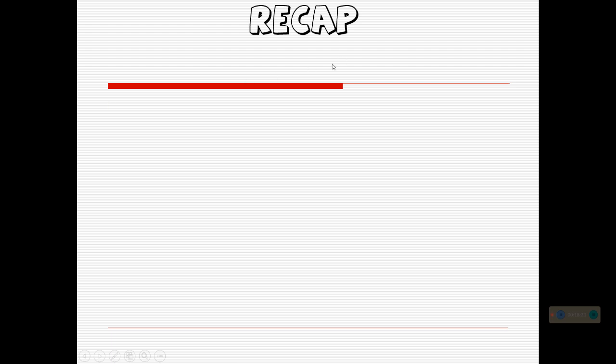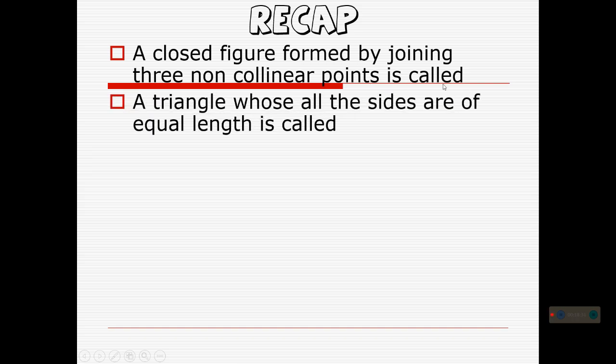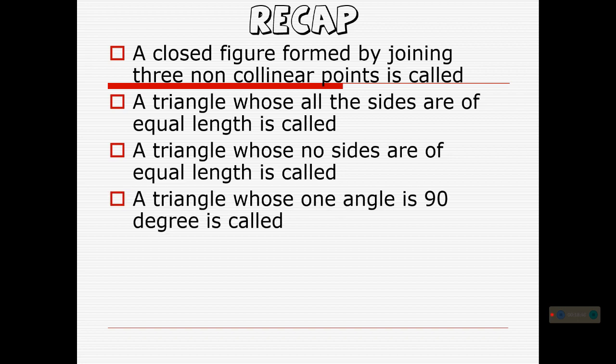So for our recap, a closed figure formed by joining 3 non-collinear points is called triangle. A triangle whose all the sides are of equal length is called equilateral. A triangle whose no sides are of equal length is called scalene. A triangle whose one angle is 90 degrees is called right.